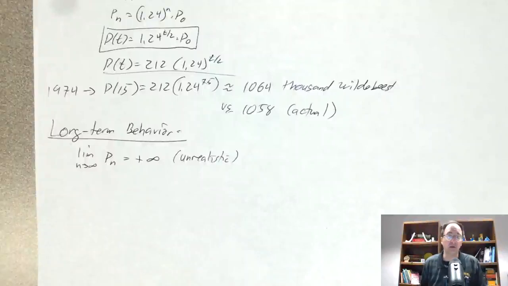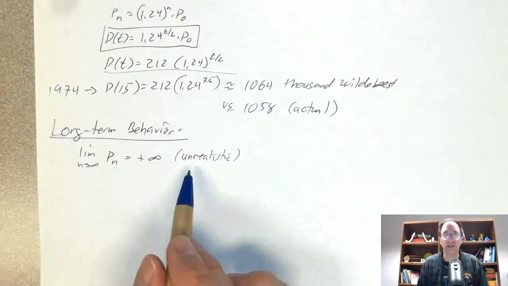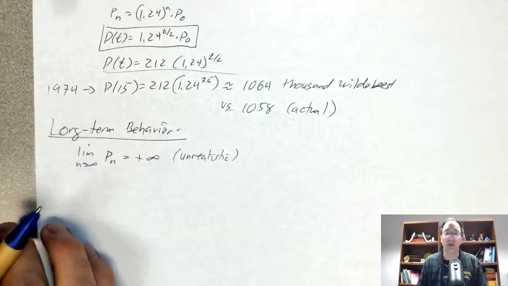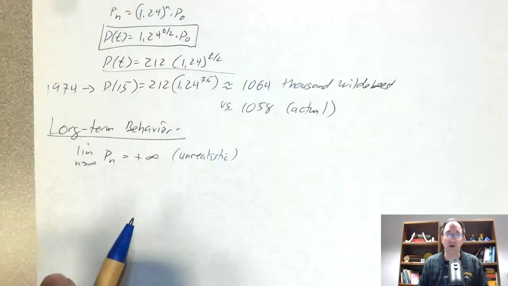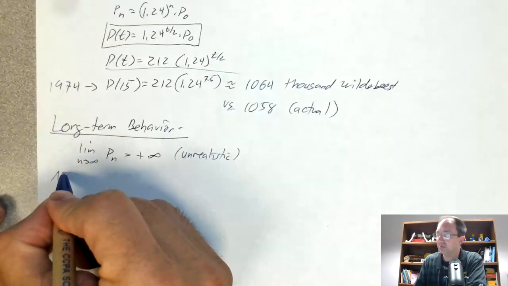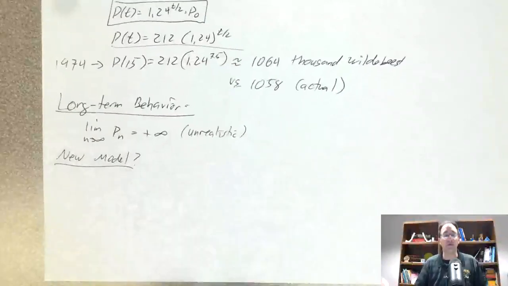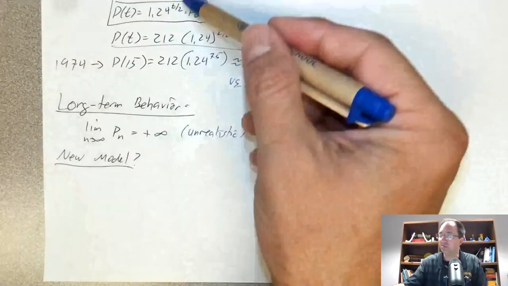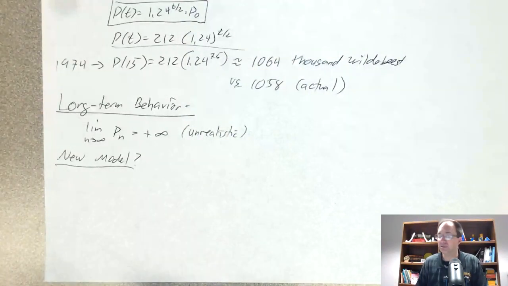Now, we may not need our model to be true out to infinity, so we may be willing to accept an unrealistic model far in the future because we're only going to use it for a short amount of time. But on the other hand, this is also a little bit of an indication that something else is going on, and so maybe we need a new model. And so this is where we would use our modeling process, the cyclical nature of it, where we built our model, we analyzed the model a little bit, and we realized we have to go back to our assumptions.